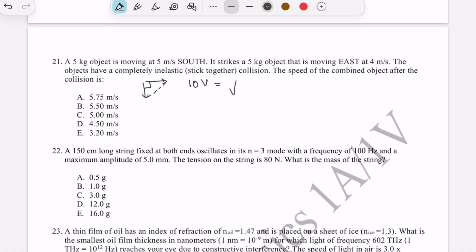And then on this side, I must square root. And then I'll have 5 times 5 squared plus mass times velocity again, so 5 times 4 squared. So this is 10V equals 32. V equals 3.2 meters per second. So basically just a Pythagorean theorem problem.